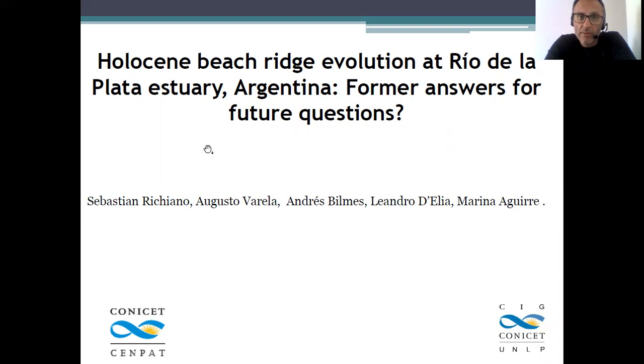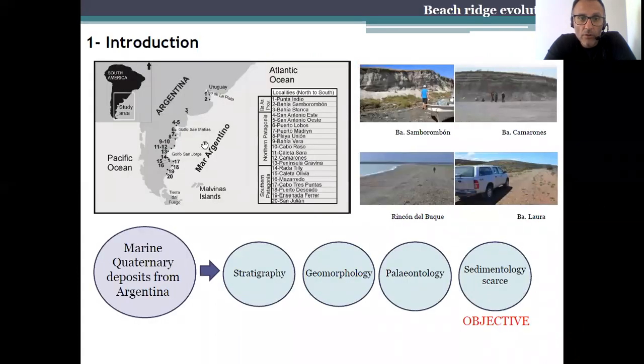I will show you an example of a Holocene ridge and the evolution of this ridge in Argentina. Marine Quaternary deposits are well developed and outcropped all along the Patagonian coast and also in Buenos Aires province.